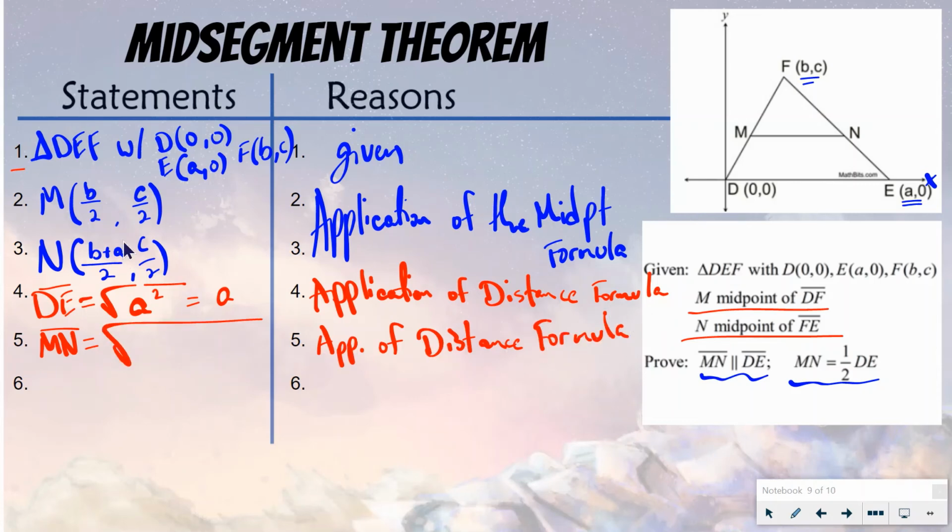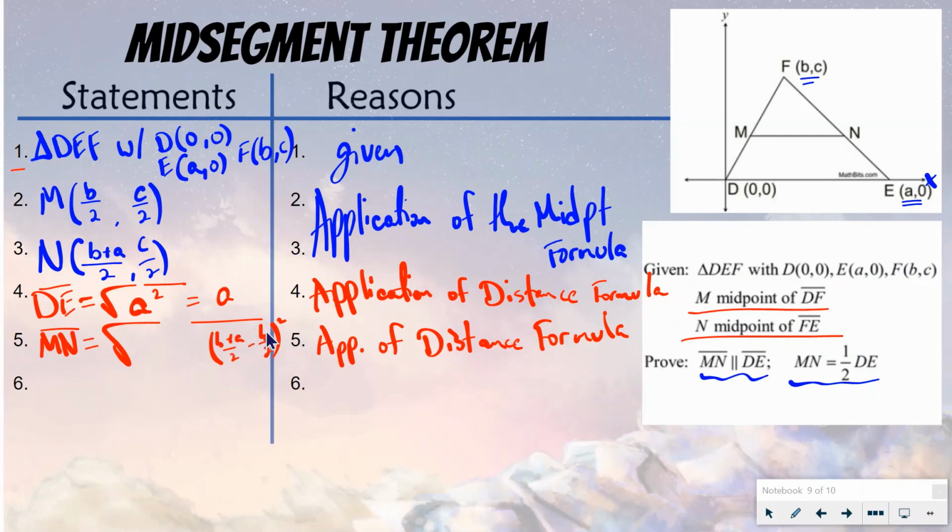So that's the square root of these two subtracted, c over 2 minus c over 2 squared, and these two subtracted, b plus a over 2 minus b over 2 squared. So I'm going to do the simplifying in there again. C over 2 minus c over 2 squared, that's 0 squared. That's going to disappear again. And inside of this set of parentheses, I can subtract what's on top there.